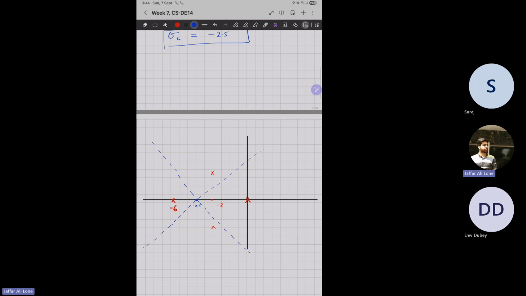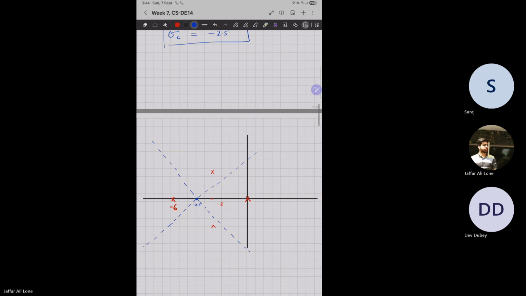So you see, this is a valid part of root locus, because on real axis, a valid part of root locus is where the number of poles on the real axis should be odd to the right of that point.